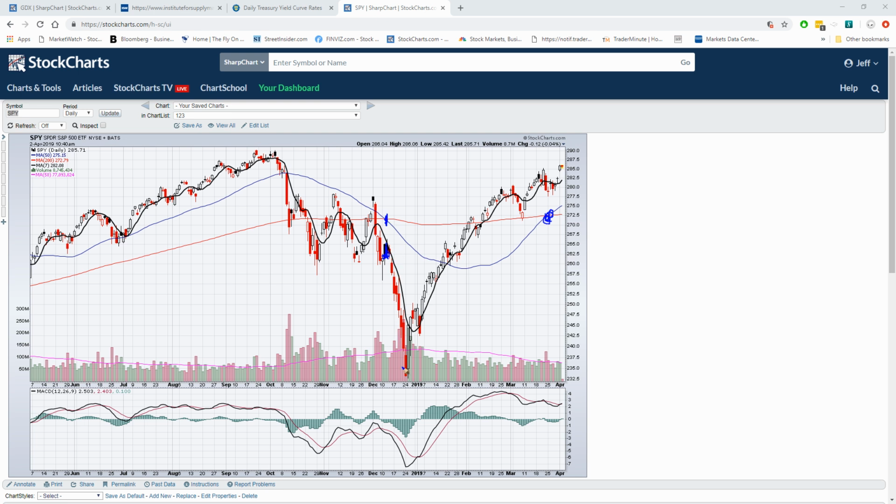The market coincidentally sold off afterwards. Now, did it sell off because of this death cross? No, we can go back and look at plenty of death crosses where it was just bought up. But if we look at the performance of the market between these two crosses, the market's actually higher.